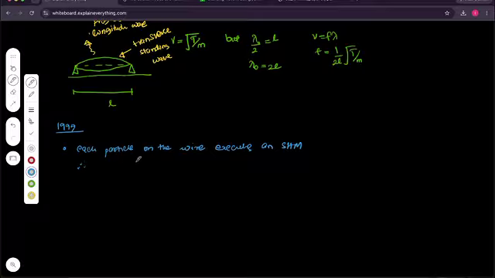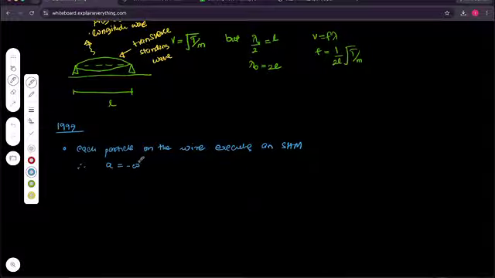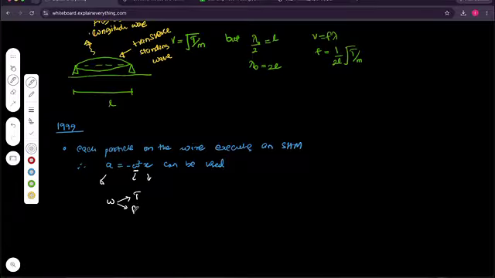Since it is an SHM, the equation a equals minus omega squared x can be used. That is what they did in that question. The relation between a, omega and x was given, and from that we extracted omega. Once omega is known, you can find the time period and the frequency. That's how that question moved.